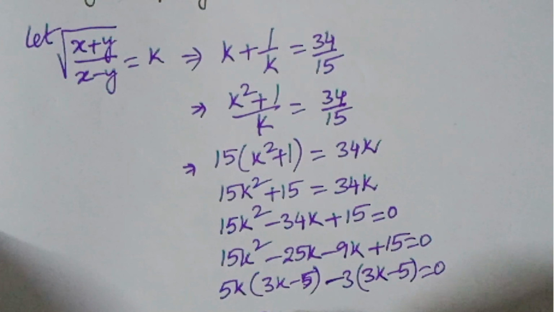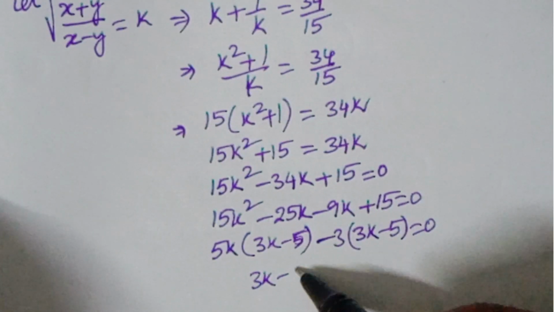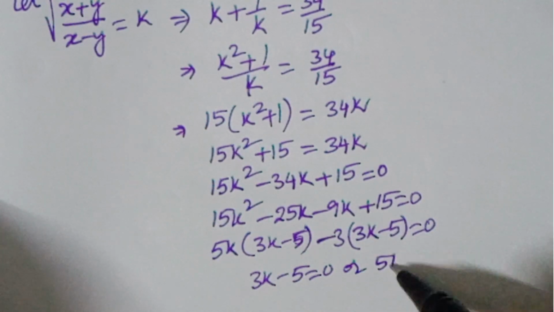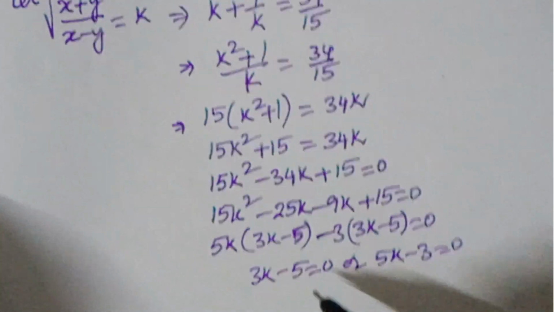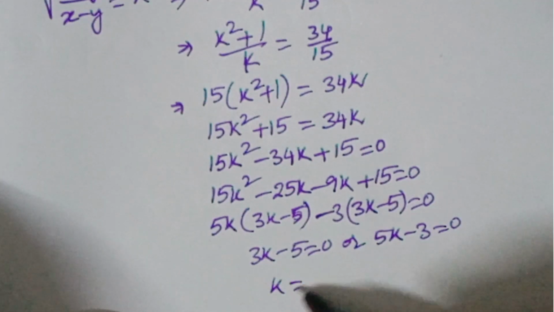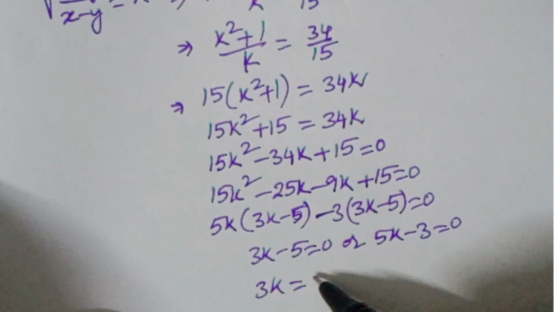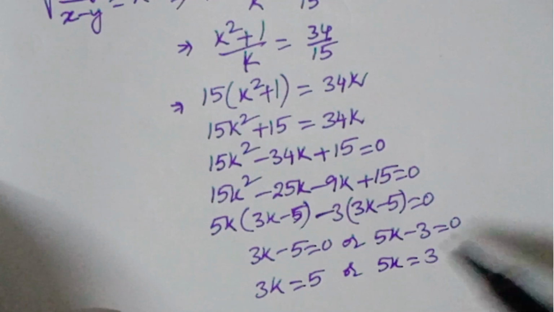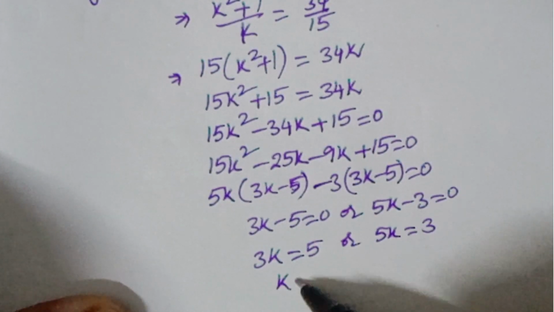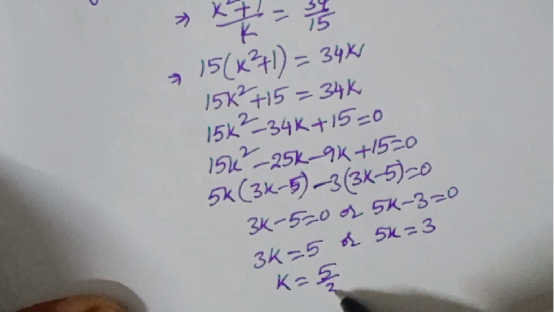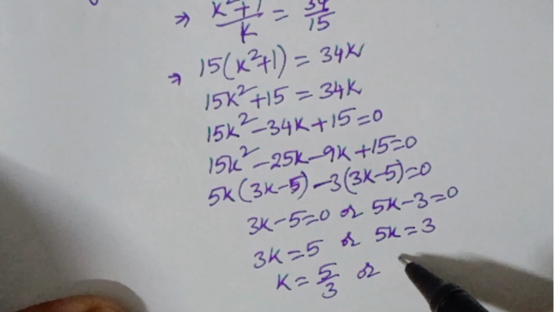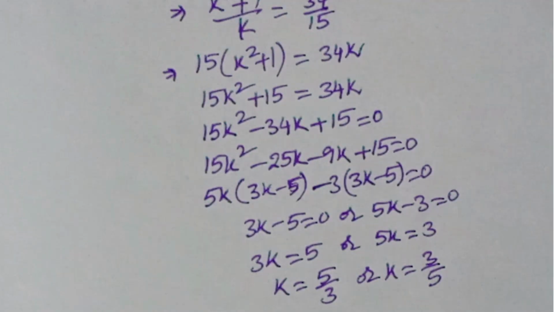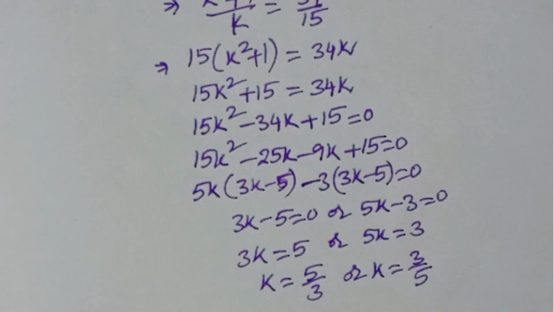So 3k minus 5 is equal to 0 or 5k minus 3 equal to 0. 3k is equal to 5 or 5k is equal to 3. K is equal to 5/3 or k is equal to 3/5. So this is the k value.